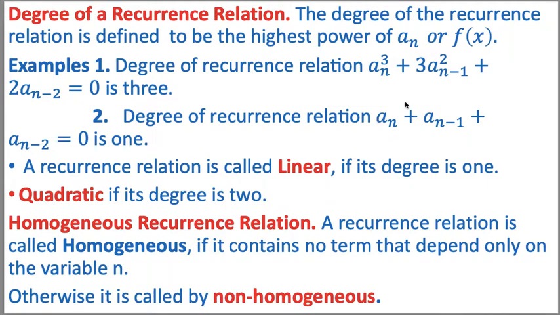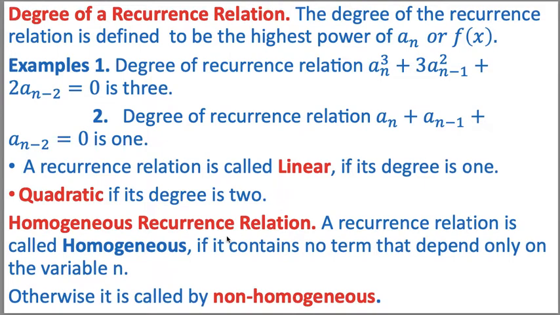So the degree is the highest power of an or fx if the recurrence relation is given in terms of fx. A recurrence relation is called linear if it is of degree 1. It is called quadratic if it is of degree 2. It is called cubic if it is of degree 3 and so on.